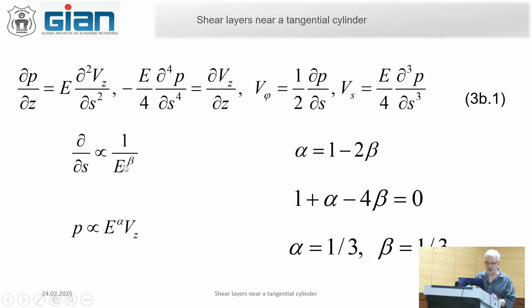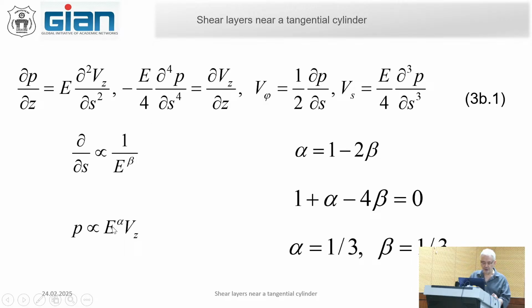First of all, of course, we scale somehow the distance from the cylindrical radius. And this distance from the cylindrical radius is some inverse power of the Ekman number, which we denote by beta. And then we should have a balance in both of these equations.